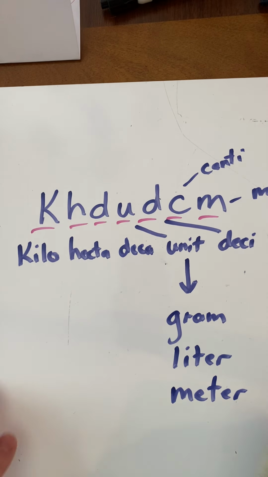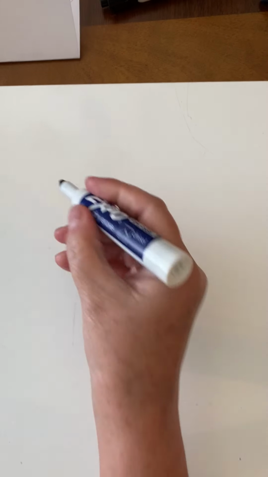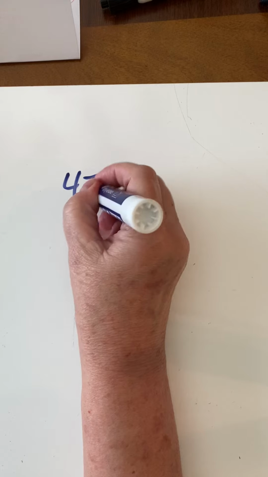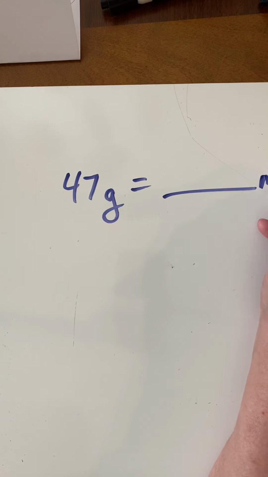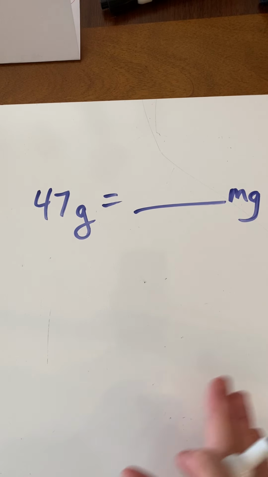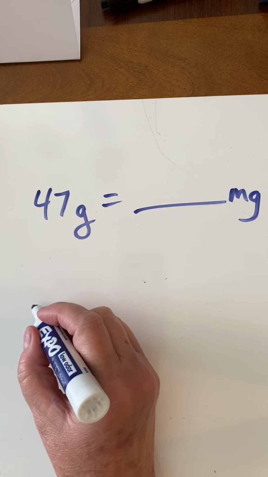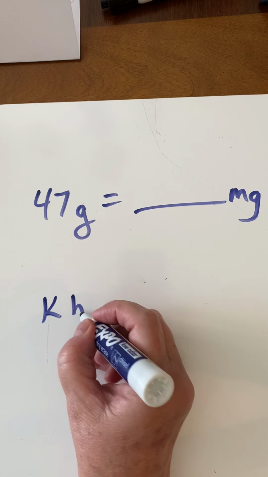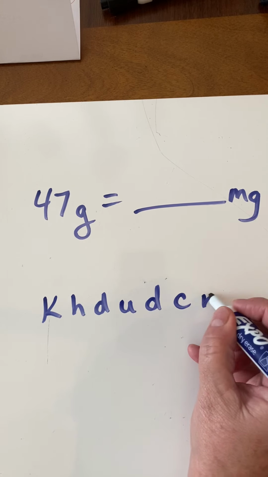All right, let me show you an example of how this is going to work. It's pretty much just counting is all you're doing. There isn't much division or multiplication when you're doing this. So if I was given an example that I had 47 grams and I wanted to know how many milligrams that is, so I'm trying to find milligrams. What you're going to do is write down the mnemonic device: King Henry doesn't usually drink chocolate milk.